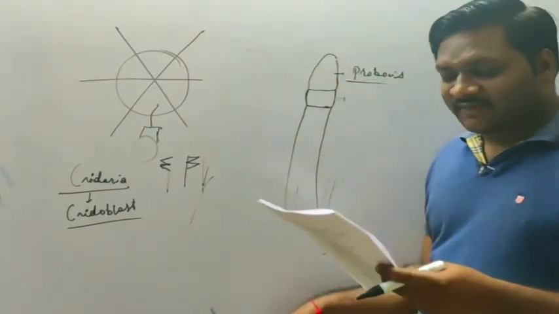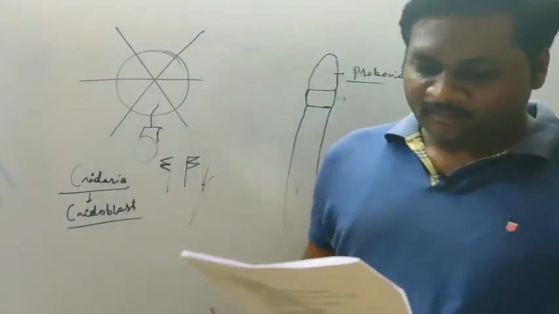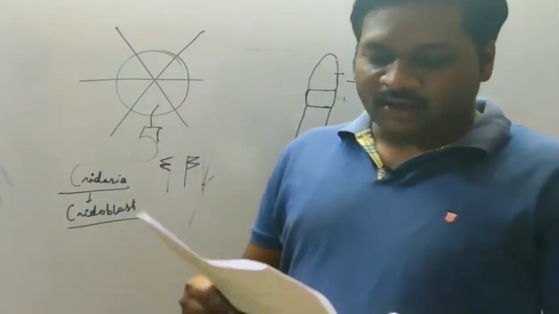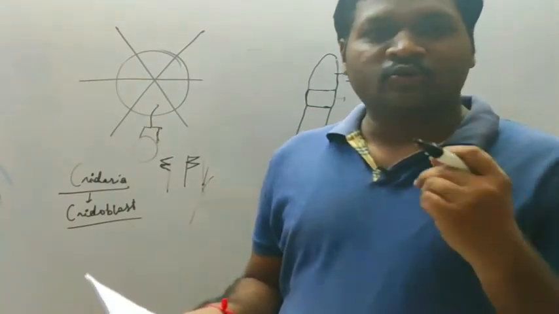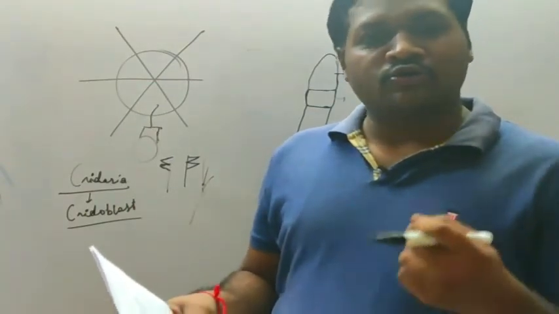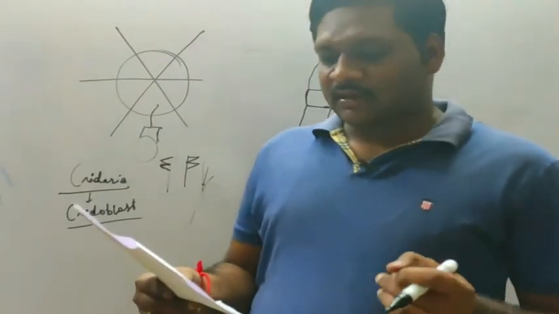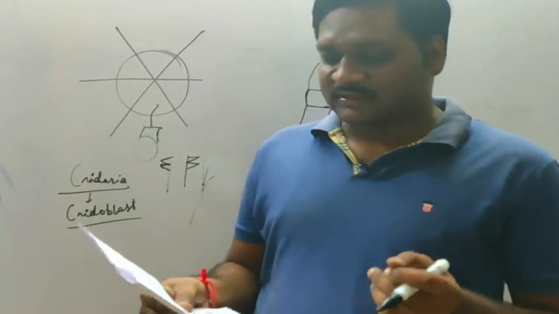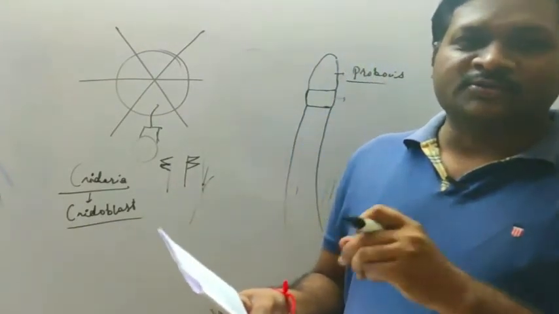Then question number 176. Which of the following sets of animals belong to phylum Hemichordata? In Hemichordata we have seen only two examples, and these are also called tongue worm or acorn worm. The options are Balanoglossus and Saccoglossus. So these are the correct options.